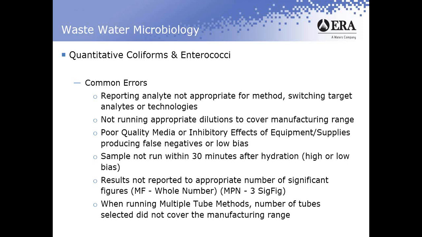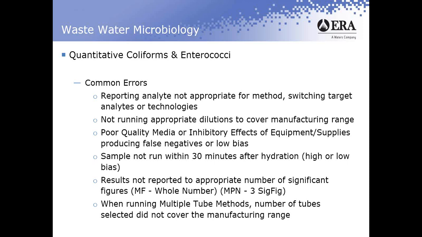For clarification on the whole number or the significant figures, you can report however many figures you think is appropriate for the method. We really just call this out so you're aware of what ERA will evaluate to. When we calculate our limits, we're going to round them to the whole number or to 3 significant figures.